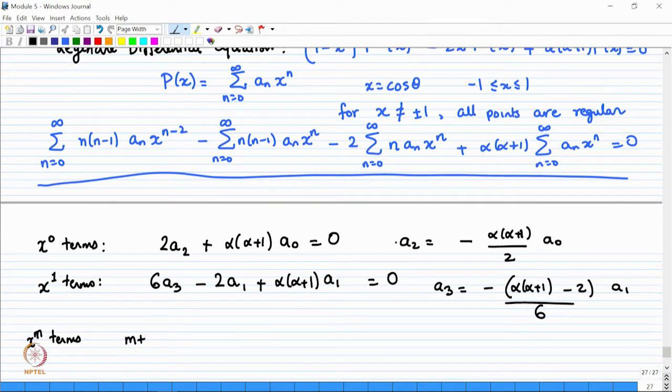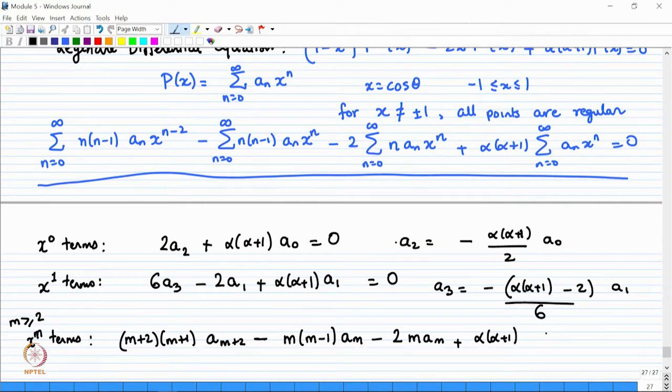So you have m plus 2 times m plus 1 times a_(m+2). And for x raised to m, where m is greater than or equal to 2, you should have m times m minus 1 a_m, minus 2 m a_m, plus alpha times alpha plus 1 a_m, equal to 0.